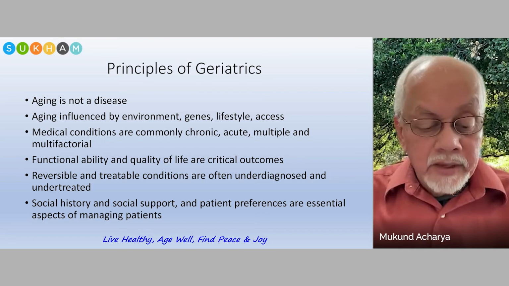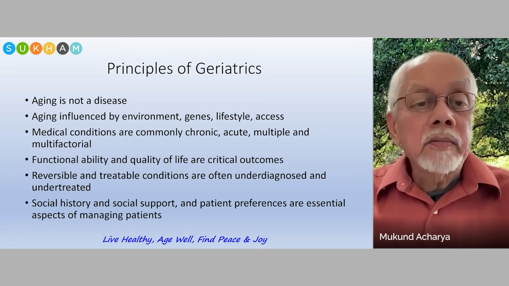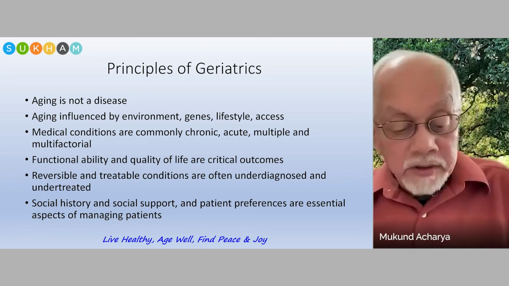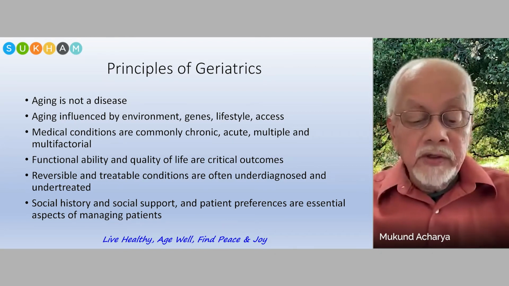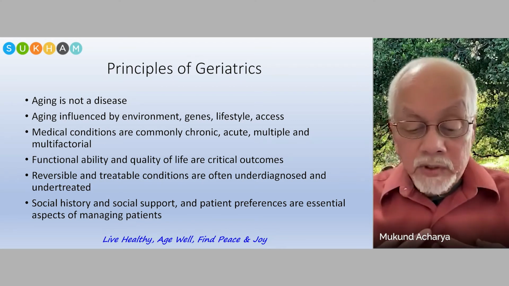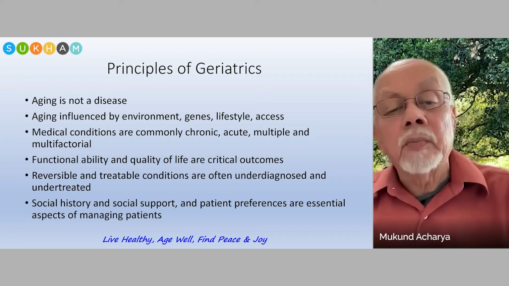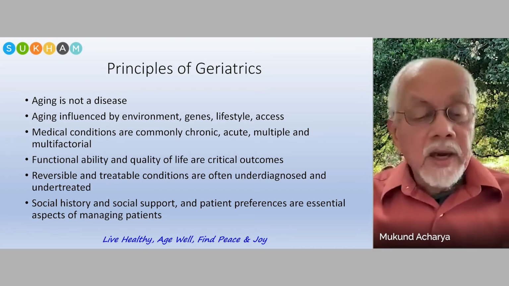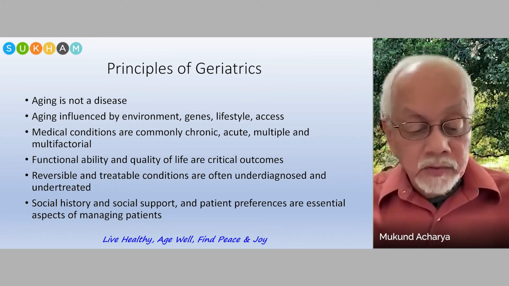I believe it was the Ebony Hospital System. And essentially, they say the first thing we have to understand is that aging is not a disease. Aging occurs at different rates from one individual to other. And even within me as a person, different parts of my body, different organs may be aging at different times. Aging alone does not cause symptoms.